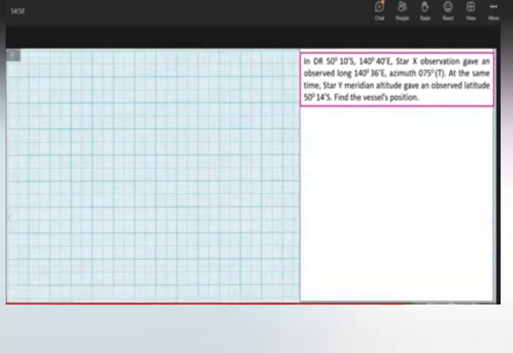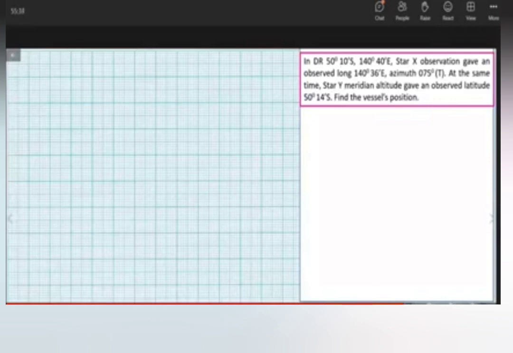Now, before we proceed any further, it's important to identify the methods deployed for solving the sights of star X and star Y. Star X has been solved using long by chron, and in such a case, the PL shall be drawn through DR lat and observed long, with direction of the PL perpendicular to azimuth. As far as star Y is concerned, it's a meridian altitude observation.